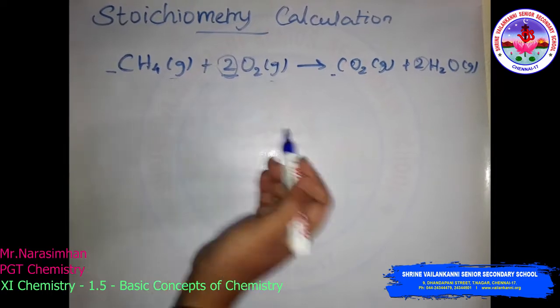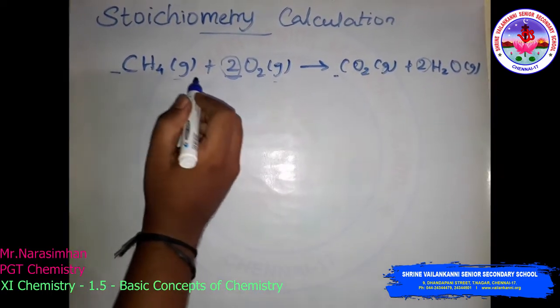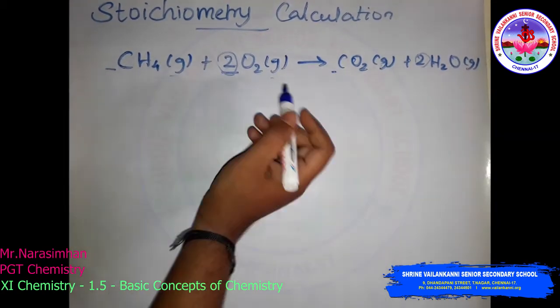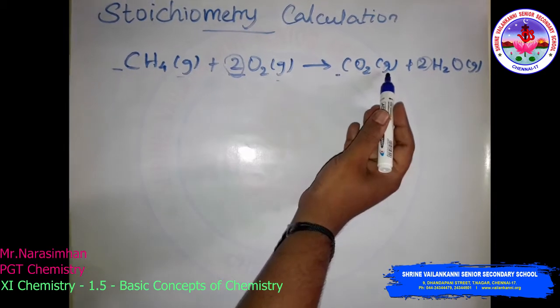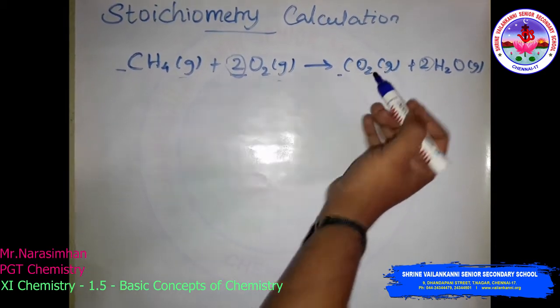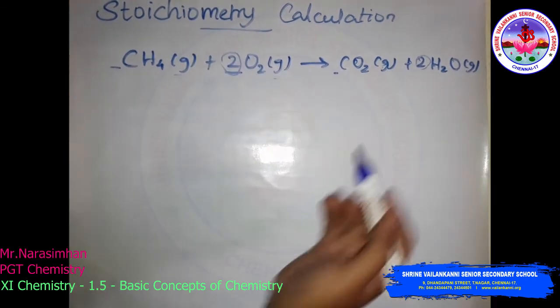Here the chemical equation we can say is 1 mole of methane gas reacts with 2 moles of oxygen gas to give 1 mole of carbon dioxide gas and 2 moles of water gas.